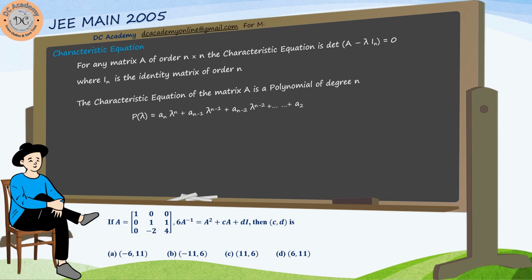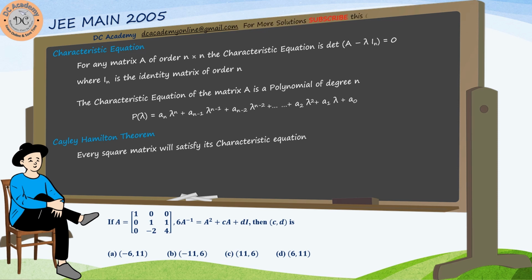Why are we discussing that? Because there is a theorem known as the Cayley-Hamilton theorem. This theorem states that every square matrix satisfies its characteristic equation. That means if instead of lambda we substitute the matrix A, then the equation will be satisfied. That's the Cayley-Hamilton theorem.